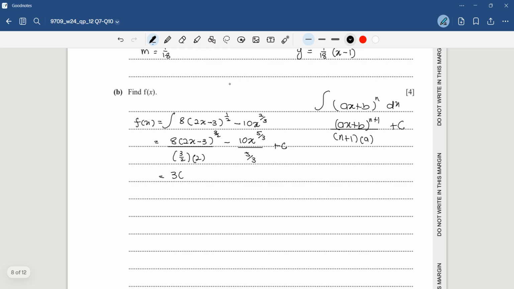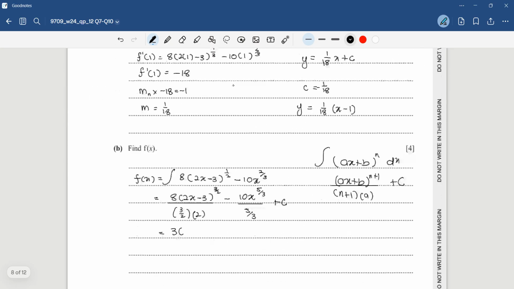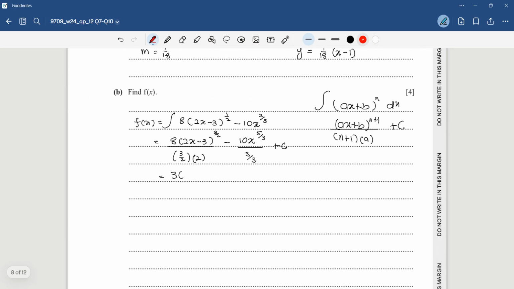Sorry, it should be 1 over 3, am I right? Yeah, I'm sorry. So 1 over 3 plus 1 is 4 over 3. So it will be 3(2x minus 3)^(4/3) minus 6x^(5/3) plus c.